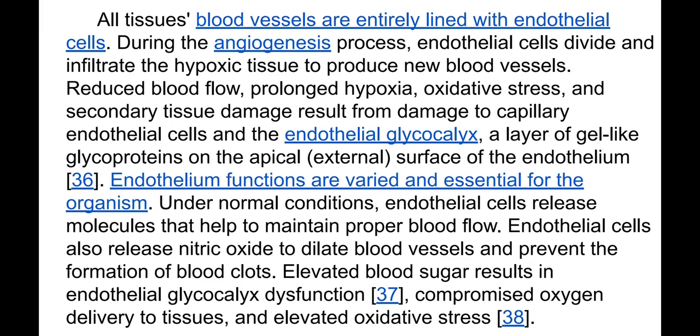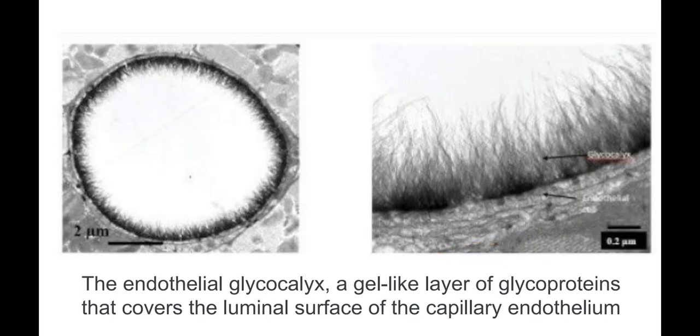The glycocalyx is a layer of gel-like glycoproteins on the apical, the external, surface of the endothelium. You see it here under the electron microscope, but it's actually a gel, not only glycoproteins.